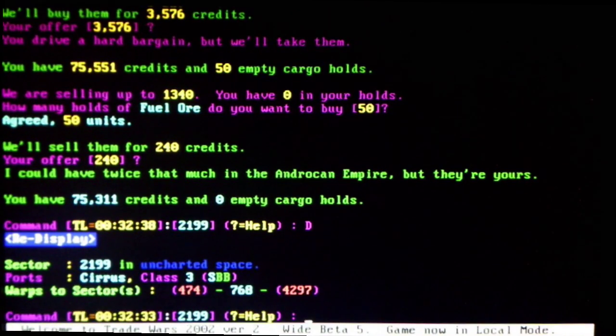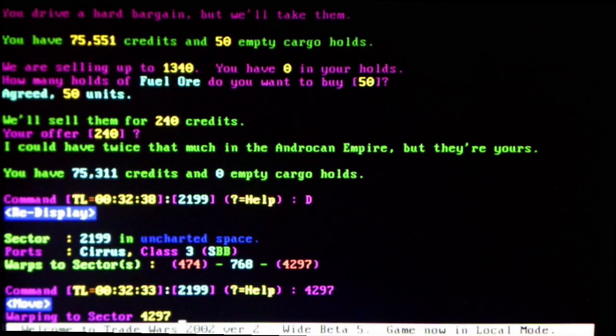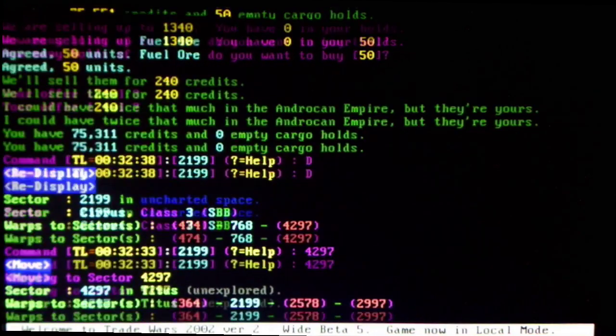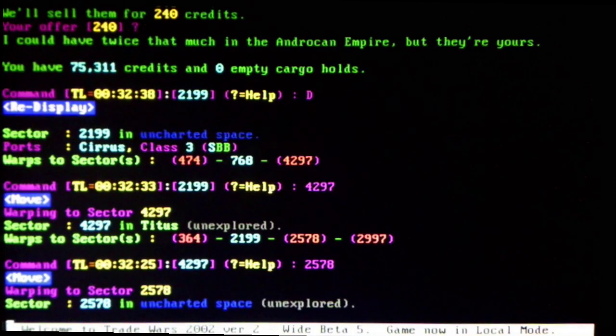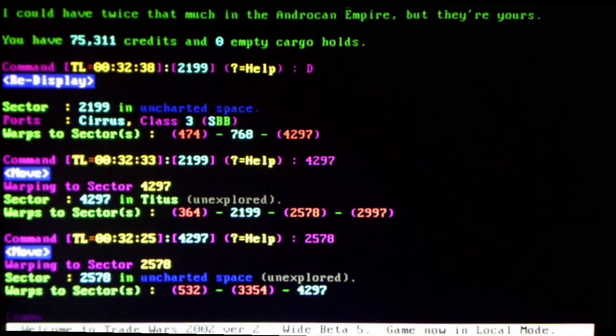So now here's the thing. I'm about to sign off the game. If I sign off in this sector and somebody finds me, they can just attack me. So I would probably be better off going back to Sector 1 and just hanging out.